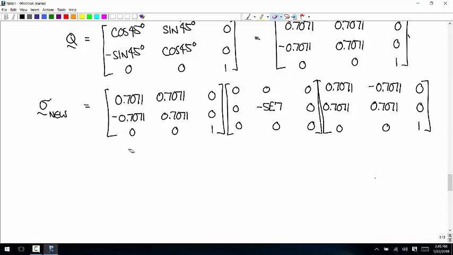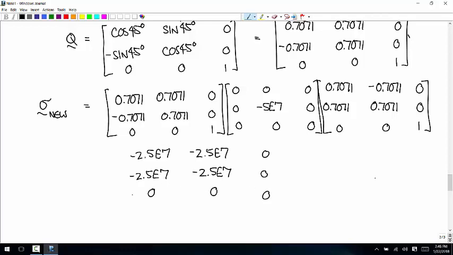Negative 2.5 E7, negative 2.5. And then here too. That has to be because of symmetry. And then negative 2.5 here. And then 0, 0, 0, 0, 0.